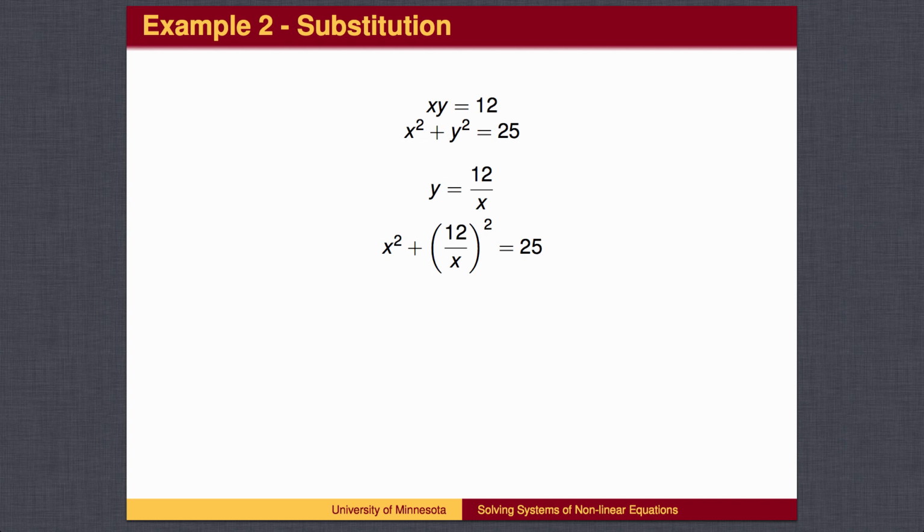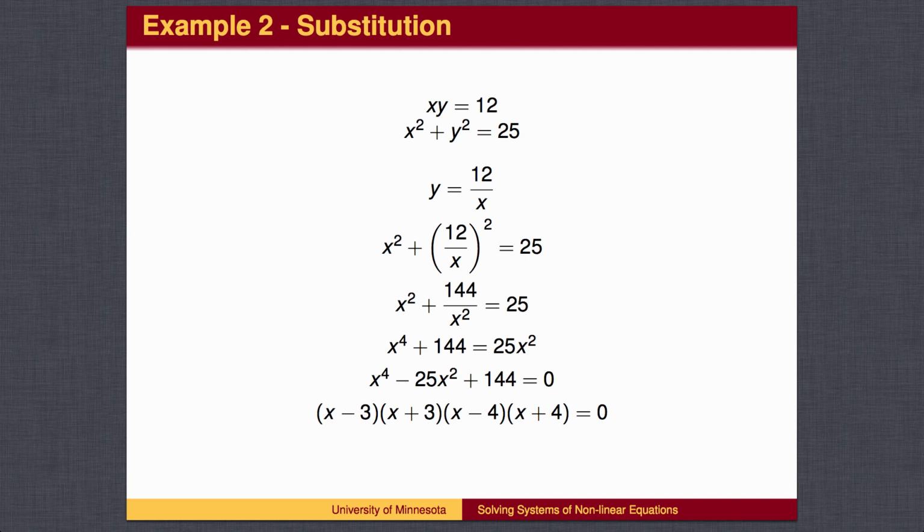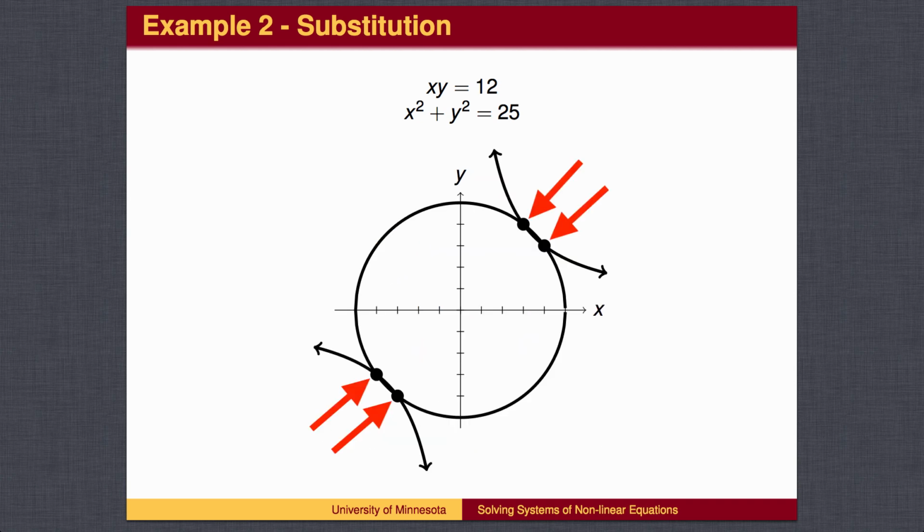We can then plug this value for y into the second equation, and simplify. Multiplying both sides by x squared will eliminate fractions and make the equations easier to work with. We get one side equal to 0, factor, then find the values first for x, then for y. We have 4 points of intersection.